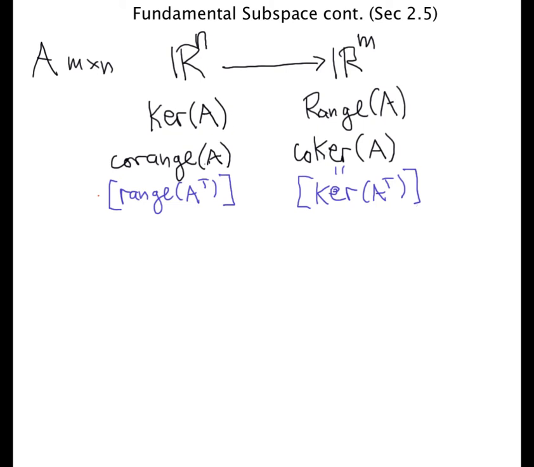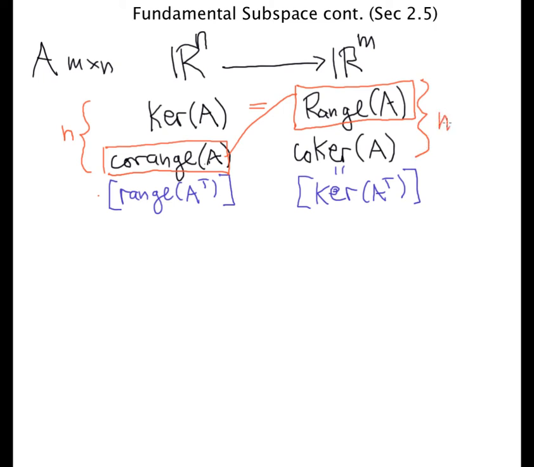Okay, and what are the dimensions of these things? The first thing that we know, first crucial fact, is that these two numbers, the corange and the range, are equal. So when I say equal, I mean having the same dimension. And the other thing we know is that these two numbers add up to n, and these two numbers add up to m.